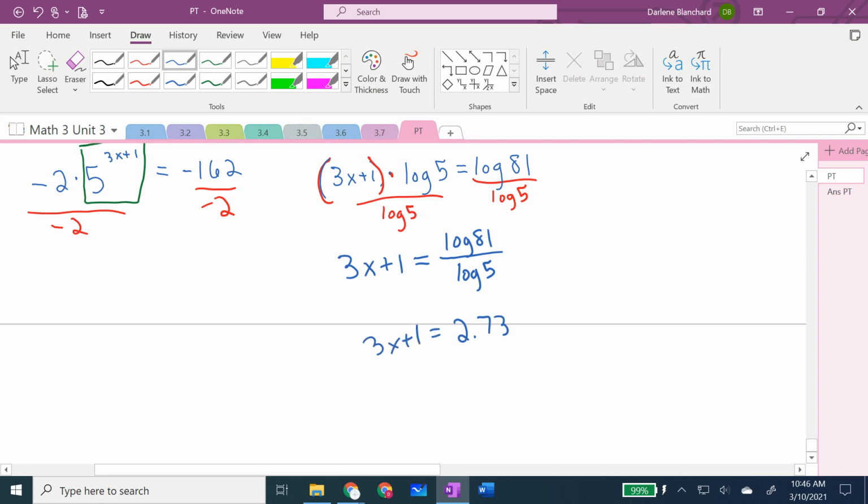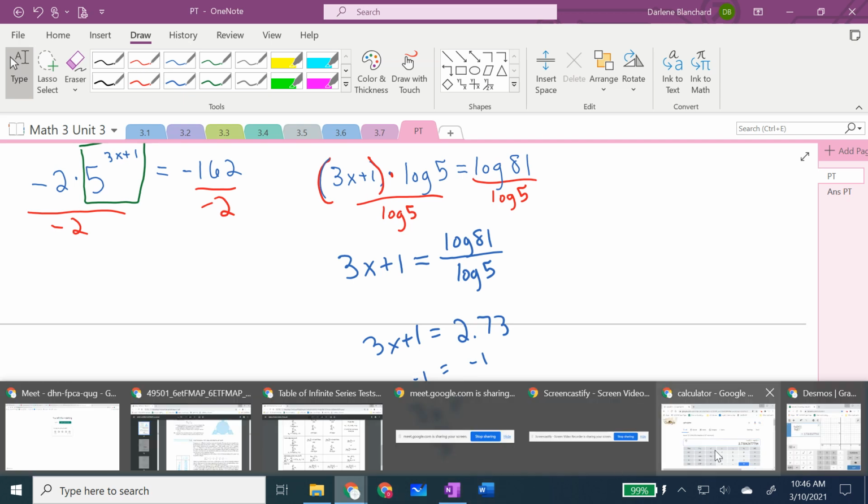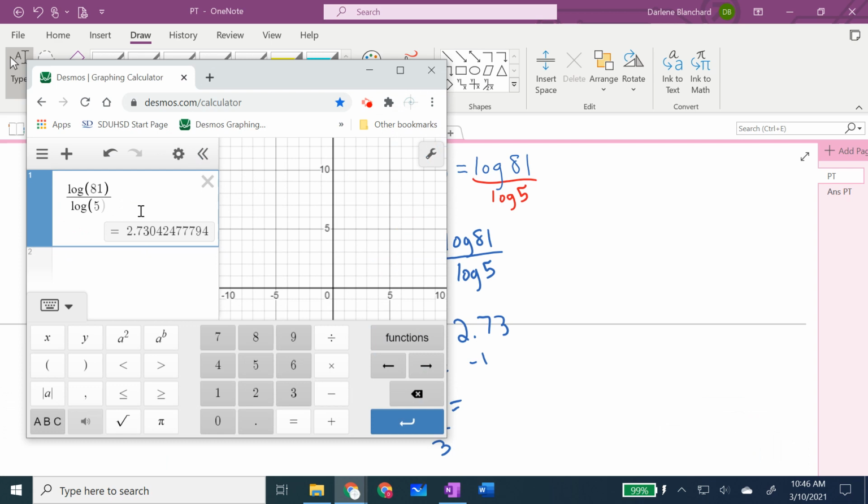Now I do my last steps of subtract 1 and then divide by 3. So I'm going to go back over to the calculator. Yeah, I'll just do this.